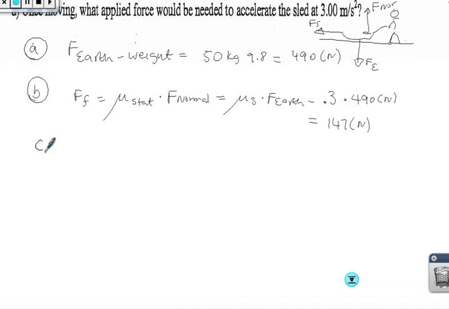Part C, what is the force needed to keep moving at constant speed?